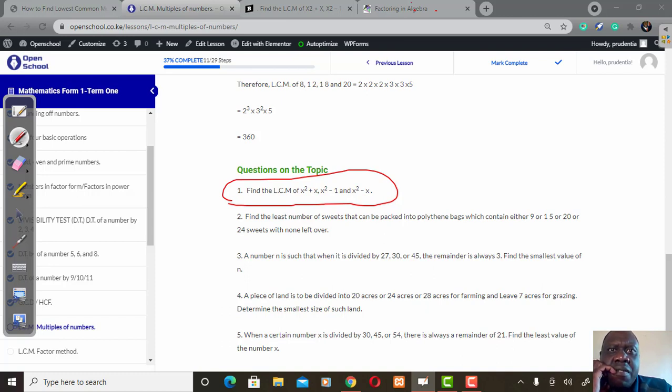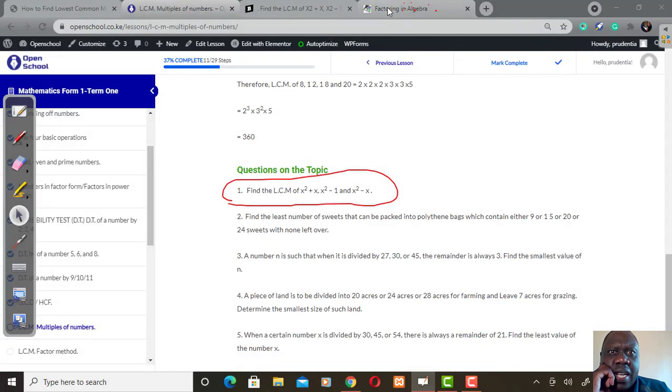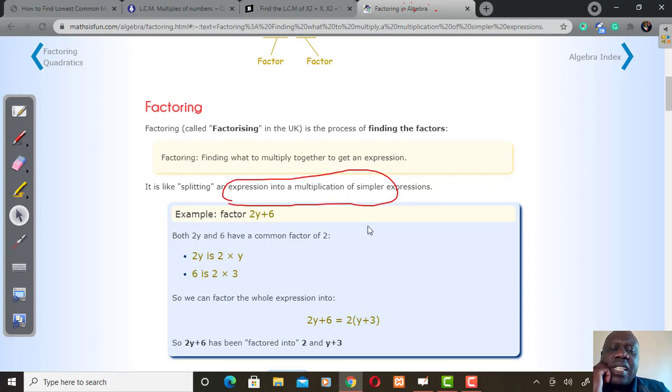Now, factorization, as you're going to find out, means finding the factors that have been multiplied to give a certain expression.